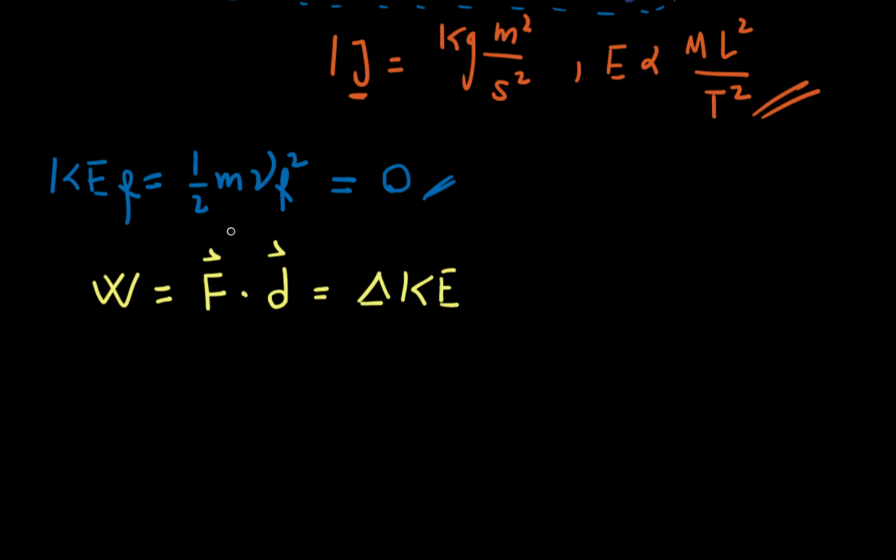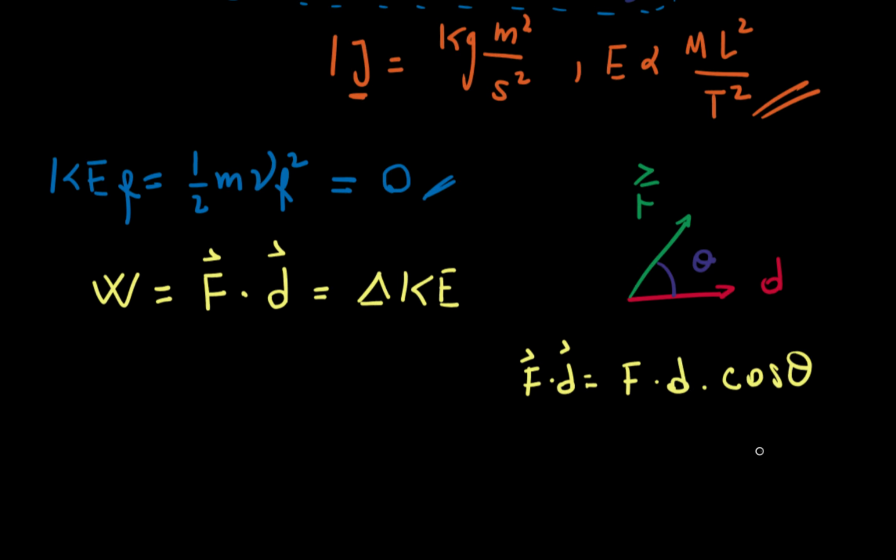And remember, how we get rid of this is let's say that this is D and this is F, and this is the angle. So F times D equals F times D times cosine of the angle, right?